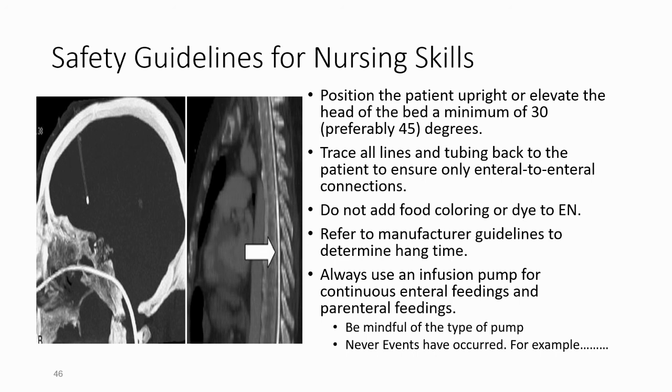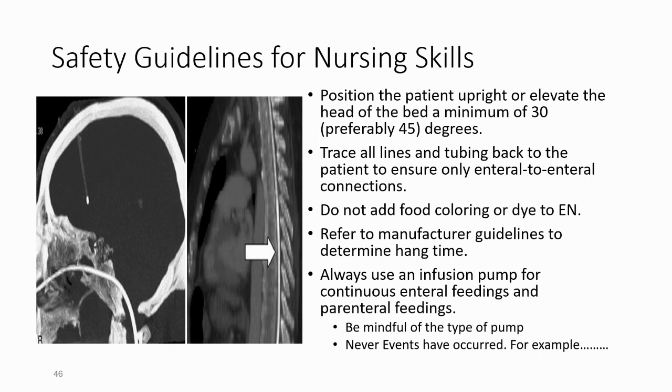We want to make sure we're following manufacturer guidelines on our equipment and our feeding when we're determining how long the feeding should hang. For example, a lot of times the feedings will come in bags. Sometimes they will come in pre-prepared packaging with expiration dates on them, so we want to follow those guidelines.